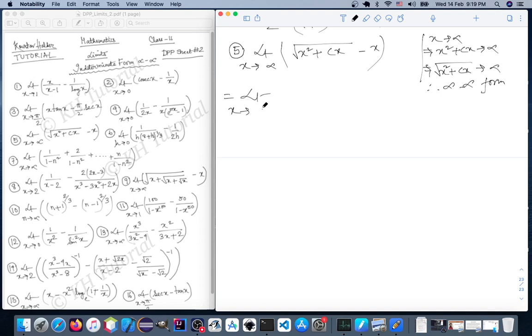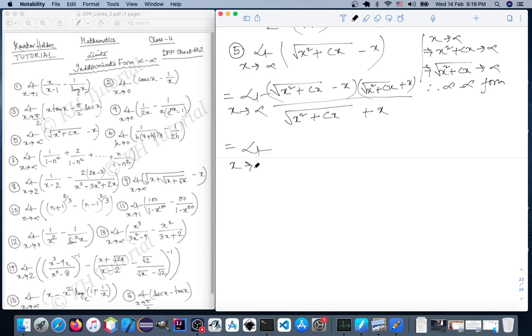And we get x square plus cx minus x, times x square plus cx plus x, over x square plus cx plus x. If we simplify the term in the numerator, it's in the form a minus b into a plus b, we get a square minus b square. So we get x square plus cx minus x square.